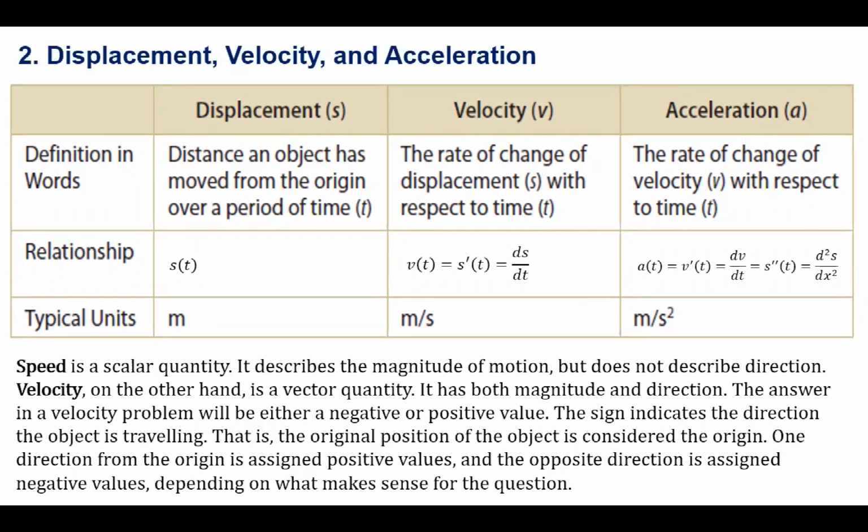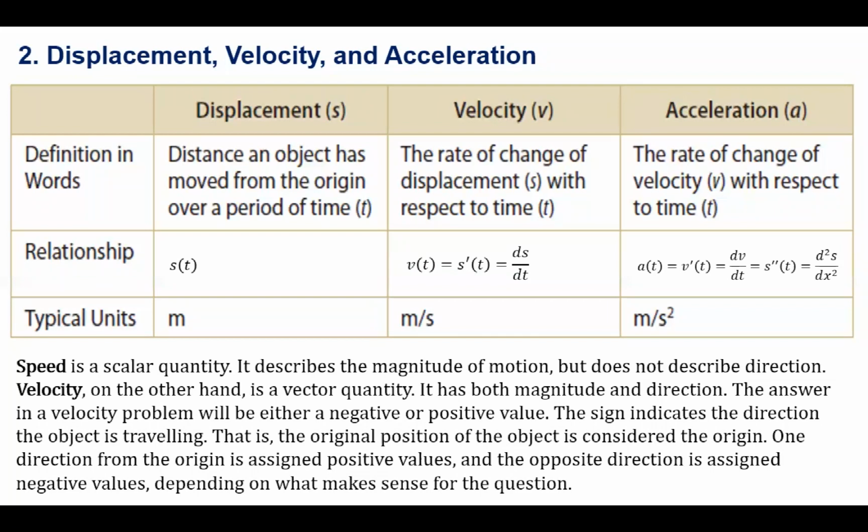The acceleration measures the rate of change of the velocity. Therefore, it's the derivative of the velocity with respect to t, right? So note here, dv/dt is actually d/dt of ds/dt. Therefore, the acceleration is also the second derivative of s with respect to t.